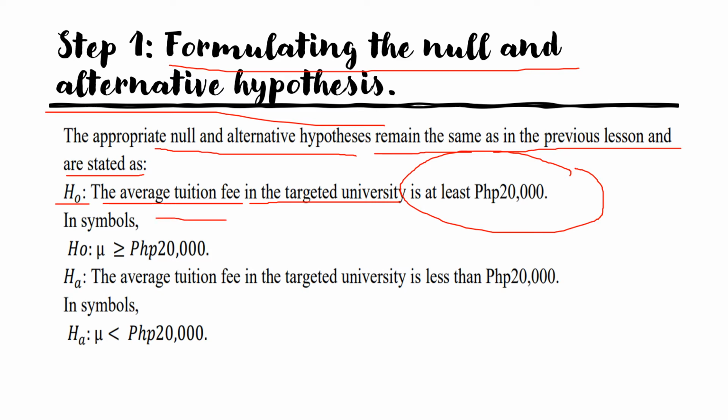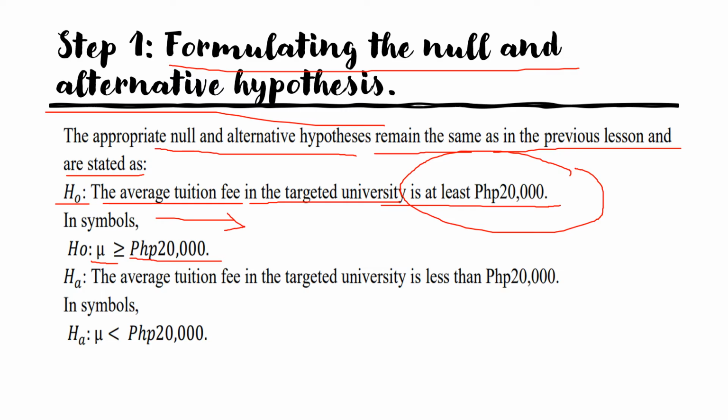In symbols, we convert this one as H0, or your hypothesized population mean mu is greater than or equal to 20,000 pesos. Because based on the statement, at least 20,000 pesos means the minimum or the smallest amount that we can get from the assumed statement, the average tuition fee is 20,000 pesos.